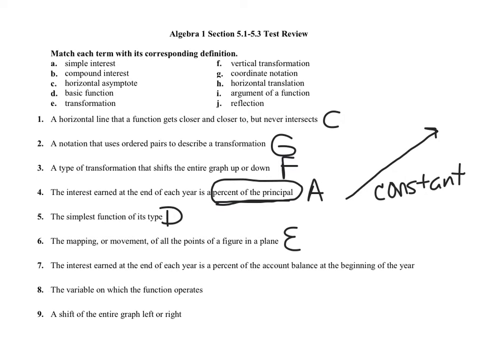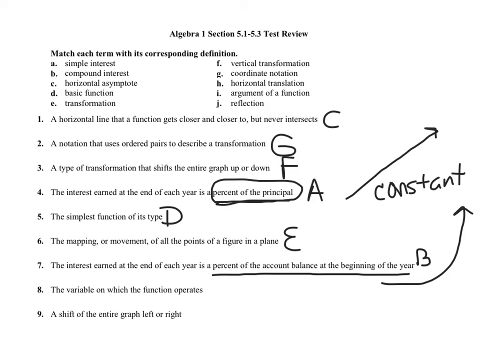On this one, we're doing a percent of the account balance at the beginning of the year. So that's going to be your exponential graph. The longer the year goes, or the more years that go by, the more that's going to actually increase. So that's going to be your compound interest. That's letter B.